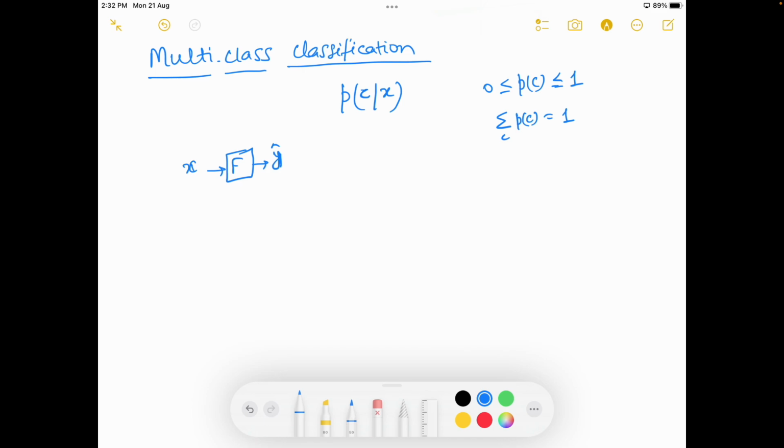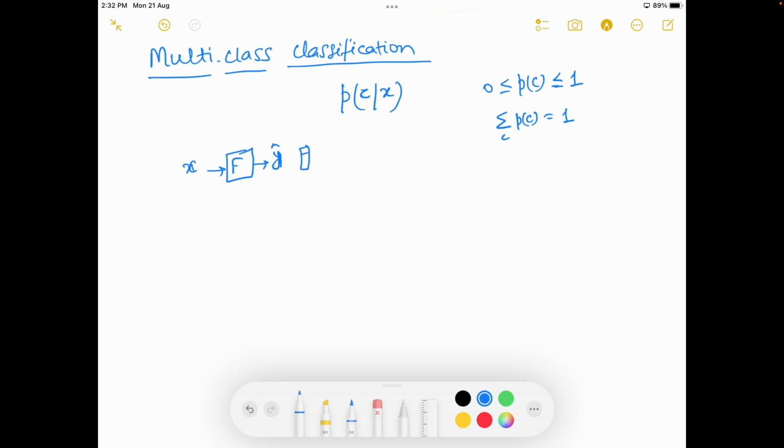If we can constrain our Y hat to follow these constraints, basically the sum of all these, so Y hat is a vector, right? If we assume that every entry of this vector corresponds to one class, let's say Y hat has a vector of length 3.